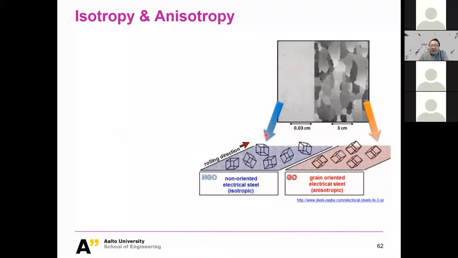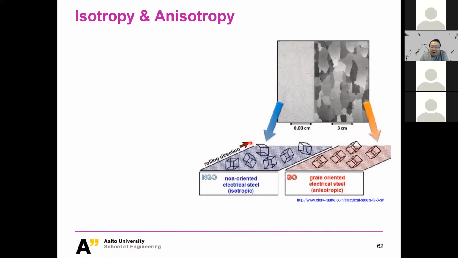This is for you to visualize what you see in a micrograph. This is basically a polycrystal, and this is how your crystals, your atoms, your unit cells look within this material. For example, this is a sheet metal.